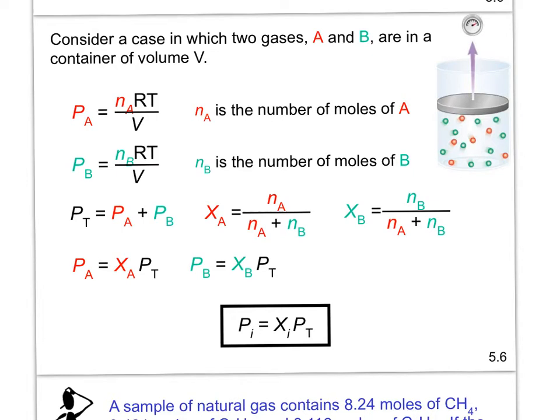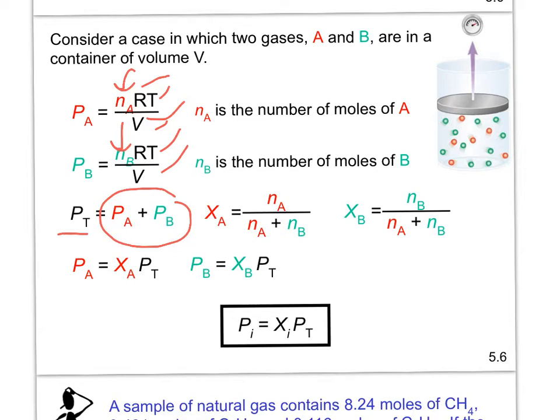What I mean is, if you know the moles of A and the moles of B in a particular container, and you know the temperature and the volume of the container, which are the same for both, right, T and V are going to be the same, you can calculate the partial pressure of each gas by plugging only that gas's moles into PV = nRT. You would get A and B individually for their pressures. Now, you could add them up to get the total pressure inside the container.